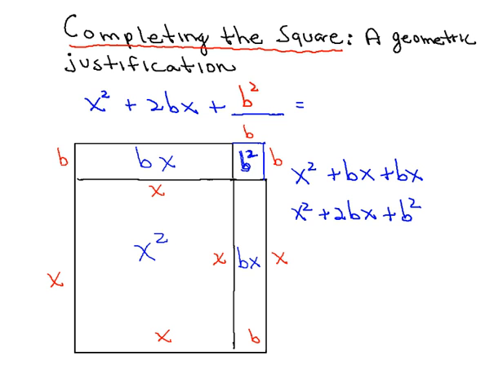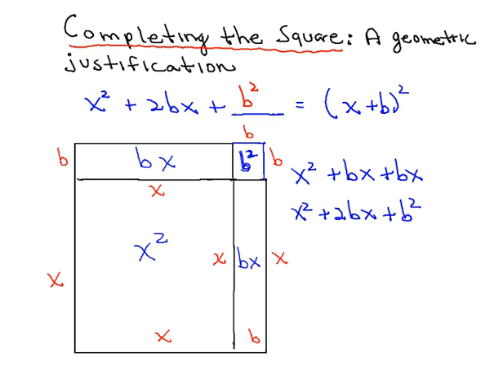Now let's look at the big square in the figure below again, and find another representation for the area of that big square. You'll agree, I trust, that the width of the square is x plus b and the length of the square is x plus b, and you know that the area of a square is side squared, so we could write that the area of that big square is x plus b, quantity squared.